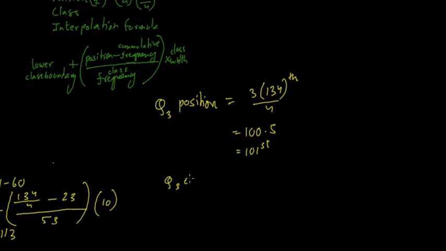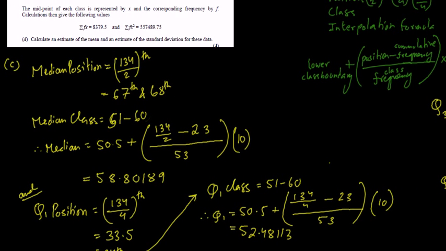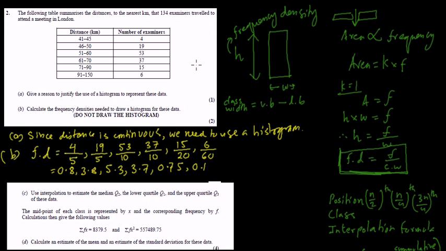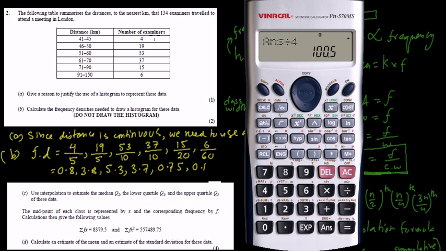So the Q3 class, if we go back, we need the 101st position. If we add up the positions, 4 plus 19 plus 53 is 76 positions. Up to this 76th position, let's add 37.